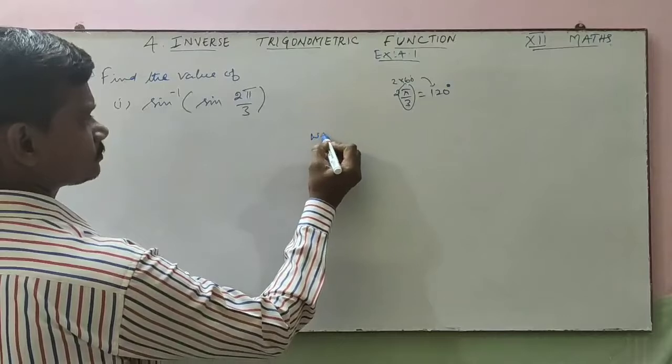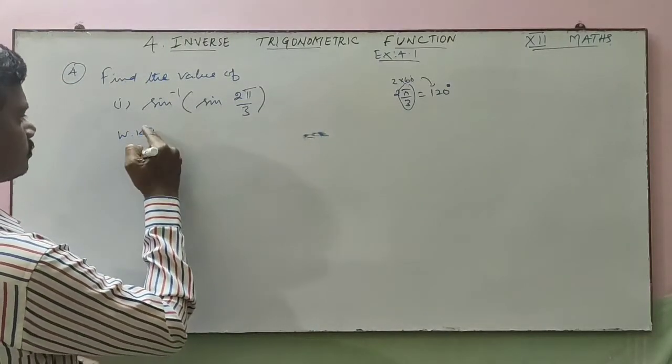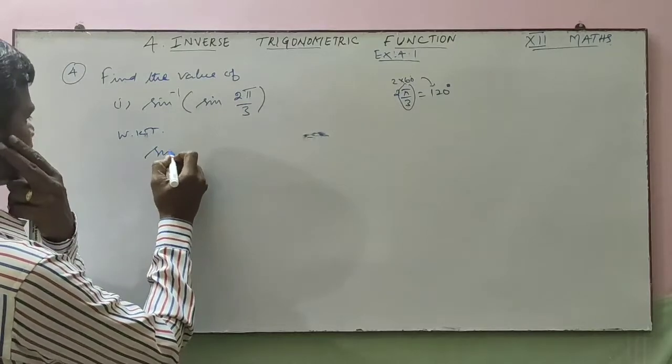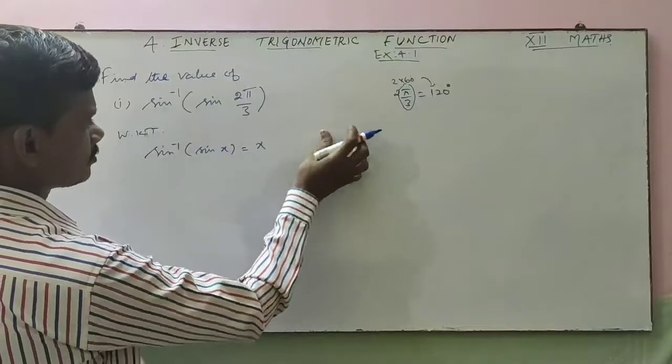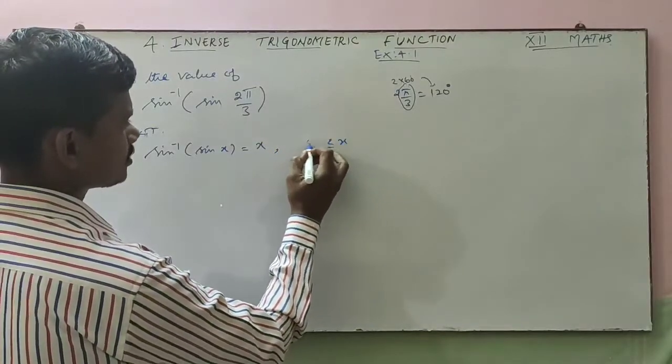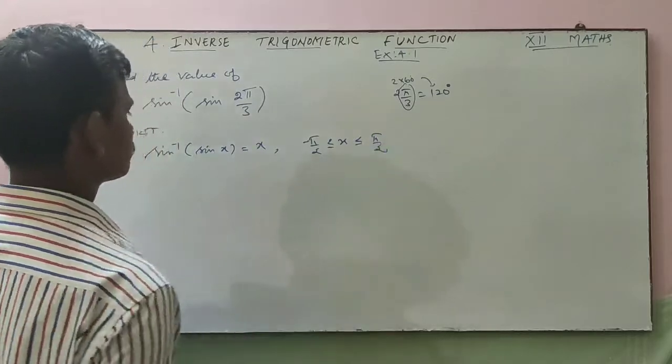We know the formula that sine inverse of sine x is equal to x, for x should lie between minus pi by 2 to plus pi by 2.